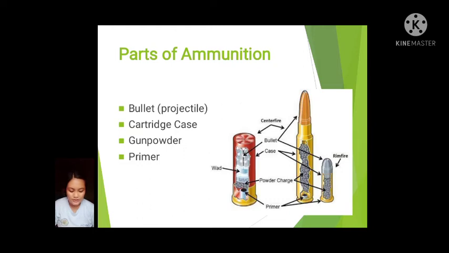Upon pressing the trigger of the firearm, yung hammer will hit the firing pin ng baril. We also hit the primer, and because of that action, magkakaroon tayo ng slight ignition which burns off the primer. And the primer will produce flame traveling through the flash hole of the cartridge.